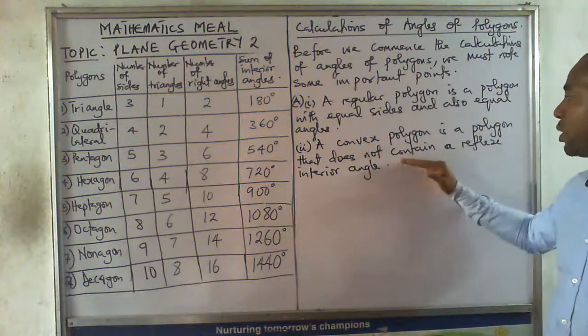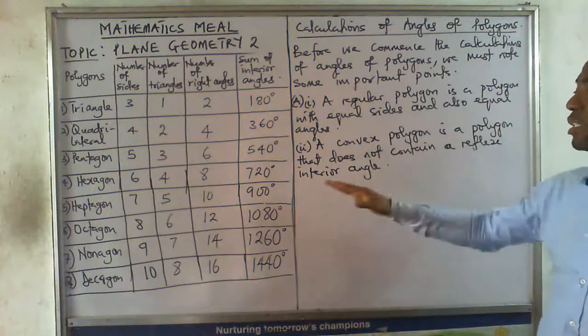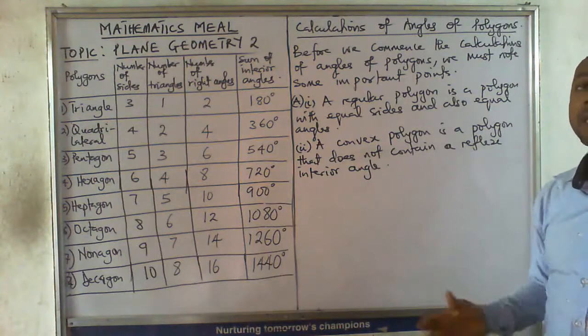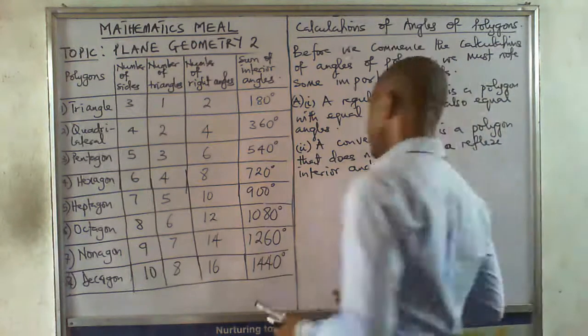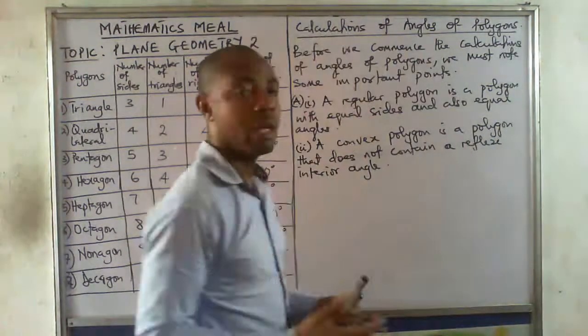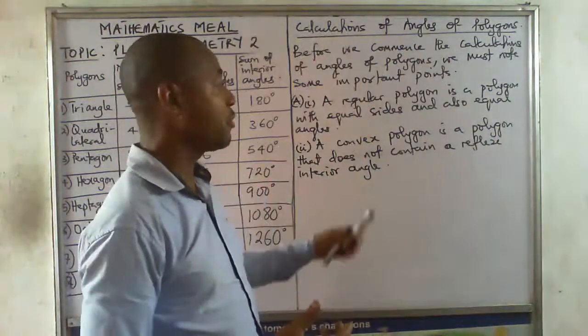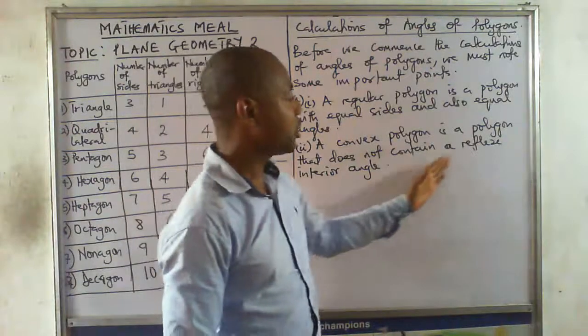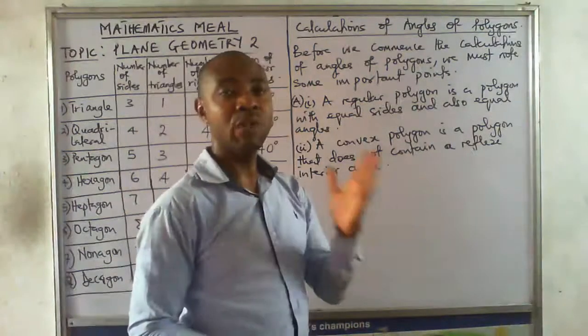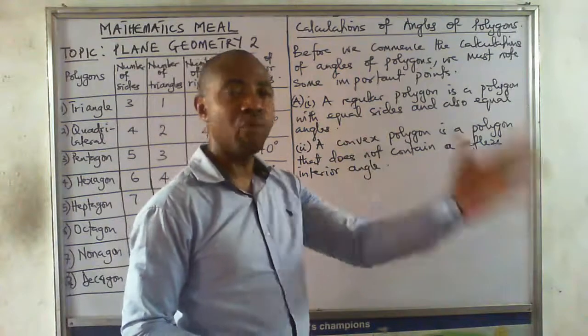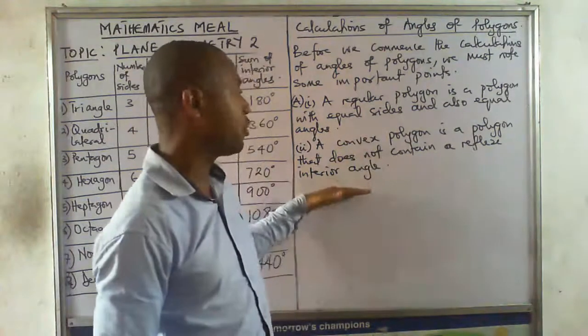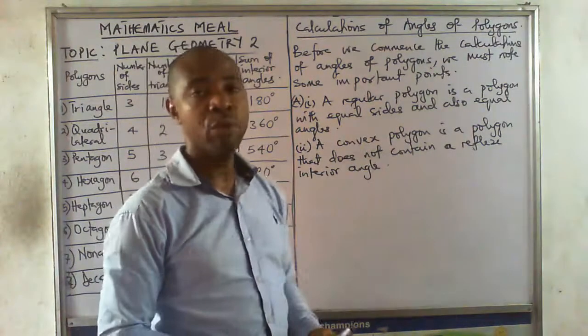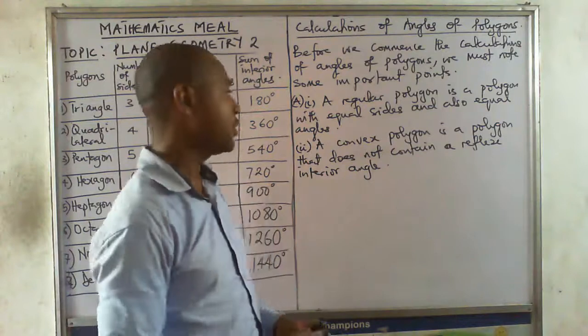So if a polygon does not contain a reflex interior angle, it means that none of the angles is a reflex angle, none of them is greater than what? 180. So any polygon that does not contain an interior angle that is above 180, that polygon is said to be what? A convex what? Polygon. A convex polygon.